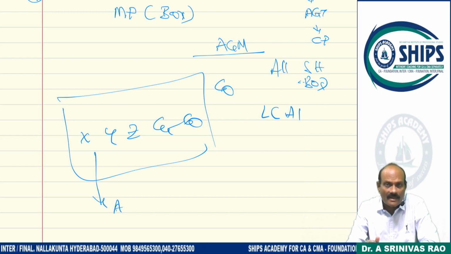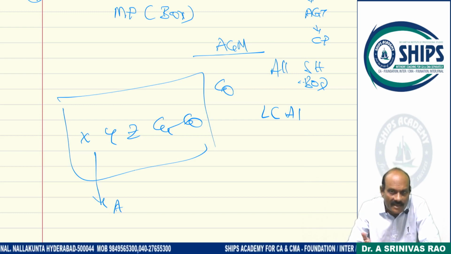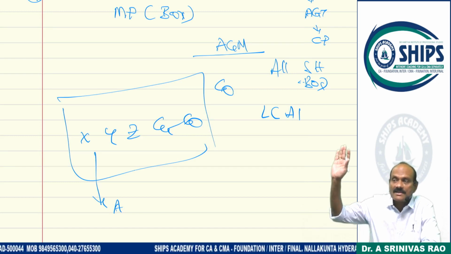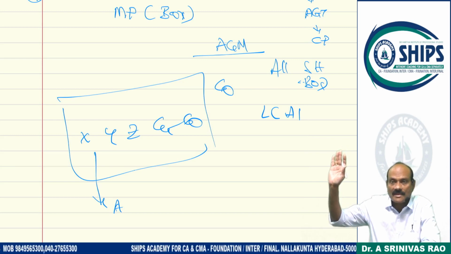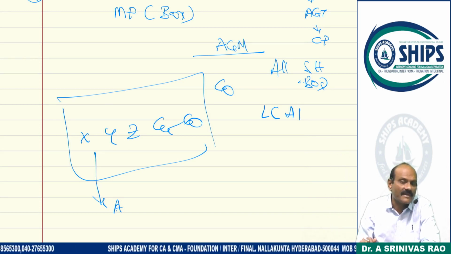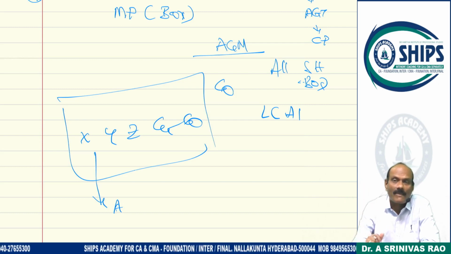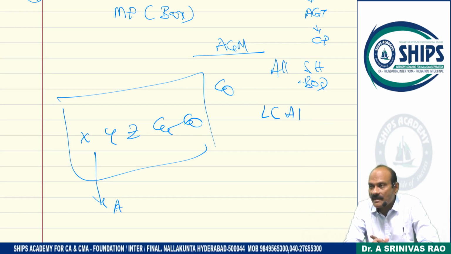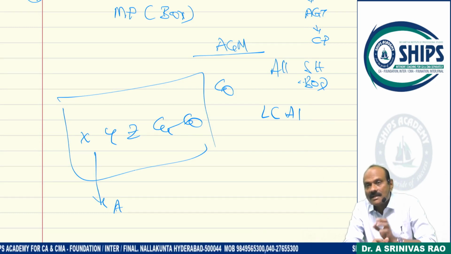Transfer of a share is nothing but admission of a partner. For admission of a partner and retirement of a partner, all partners must agree, otherwise you can't do that. Expulsion of a partner, majority. So in a partnership, transferability of the share is restricted.